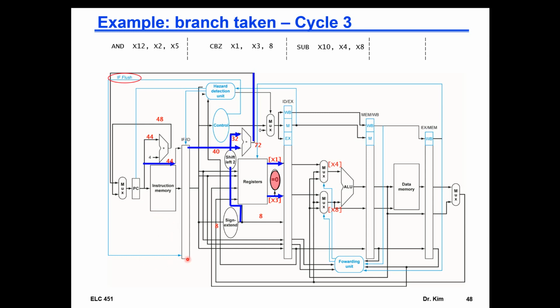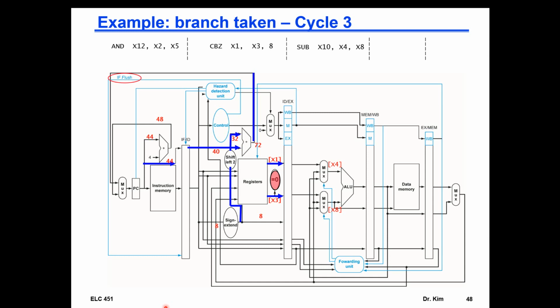So in essence, this mechanism has the same effect as introducing one stall cycle, and there is nothing we can do about that, but we have reduced the penalty for branch taken from 3 clock cycles to 1.